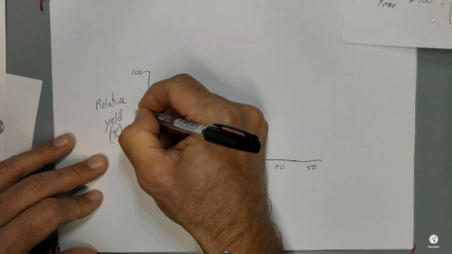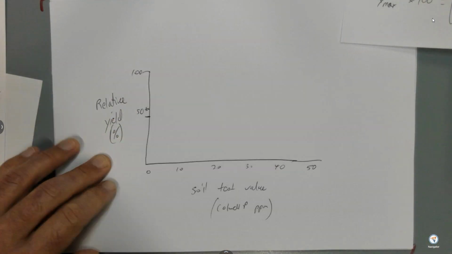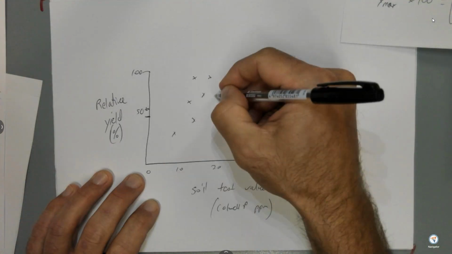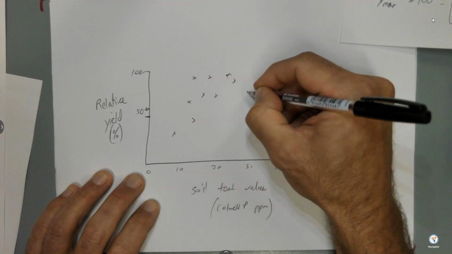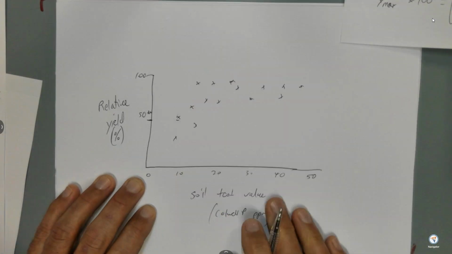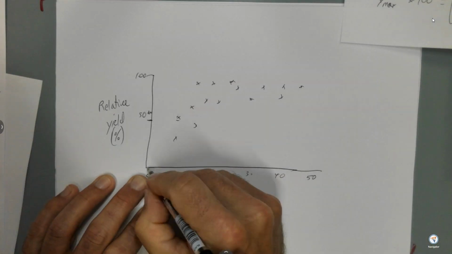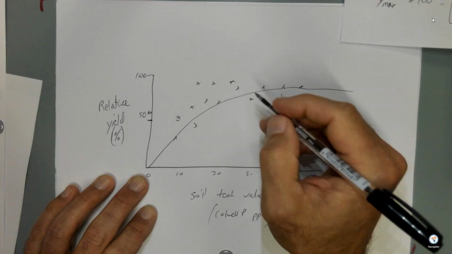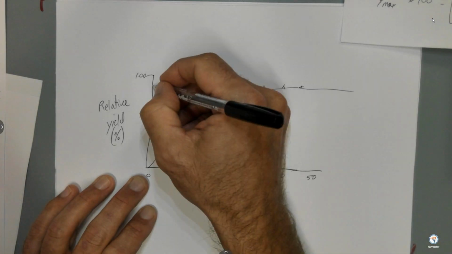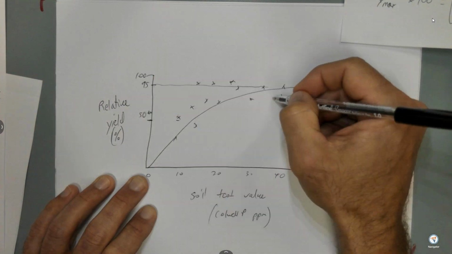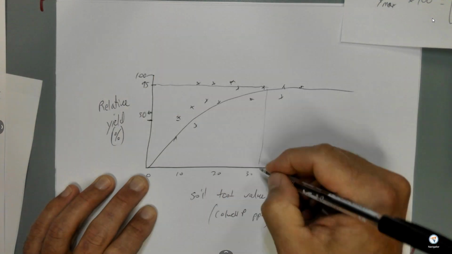Then you plot all of the trial data on here. So we've got trials from all over the place, different years, different results. There they are. And then we draw a line of best fit through that. Then we can say, okay, what's the point where you get, say, 95% relative yield? It's here. Then this is our critical value.